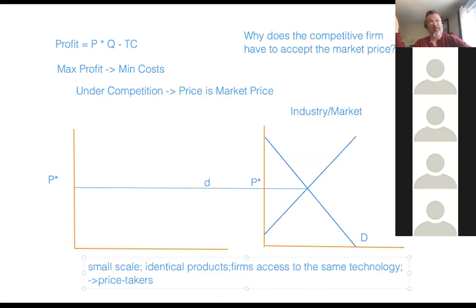I've even seen purple potatoes. And they sell for different prices. But yeah, I agree that agricultural commodities are the most common example.